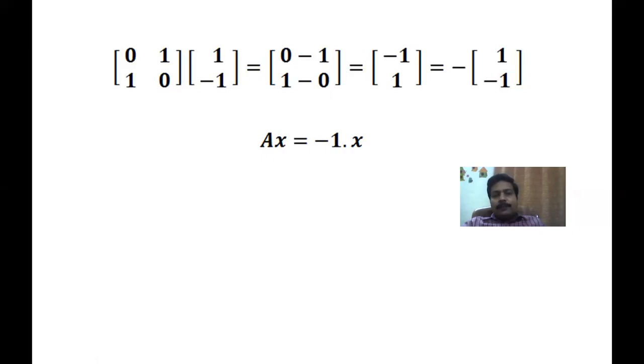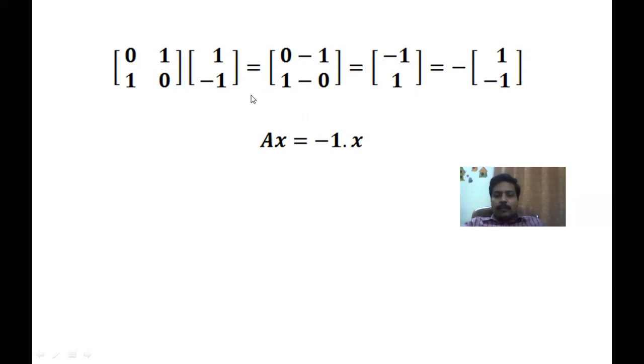So here we can observe that this matrix A has two eigenvalues. One is plus 1 and another one is minus 1. So we can observe that the addition of those two eigenvalues is equivalent to the sum of the diagonal elements. 0 and 0 is 0, and 1 plus minus 1 is also 0.